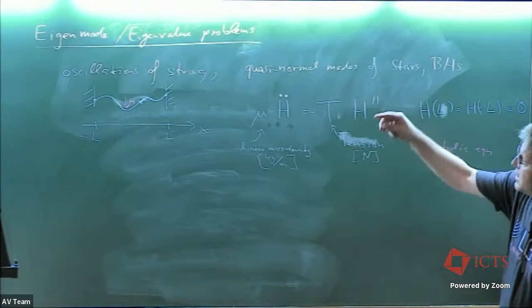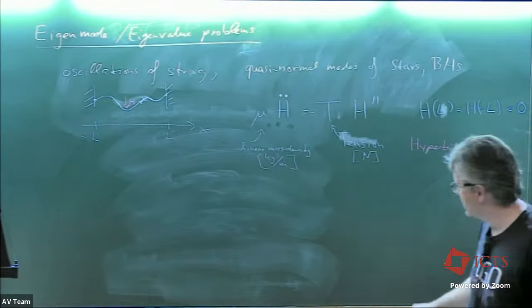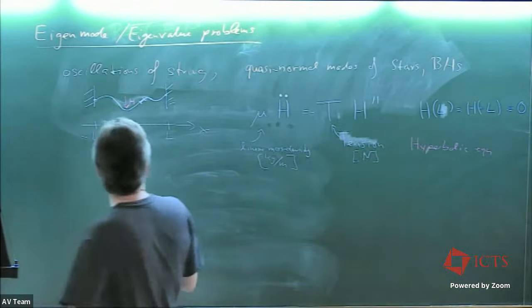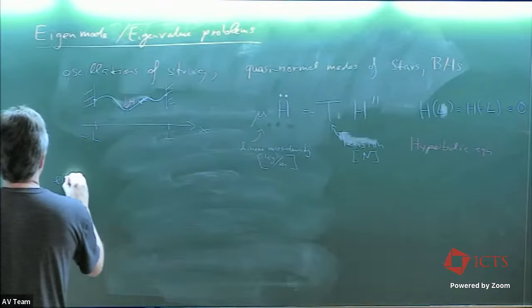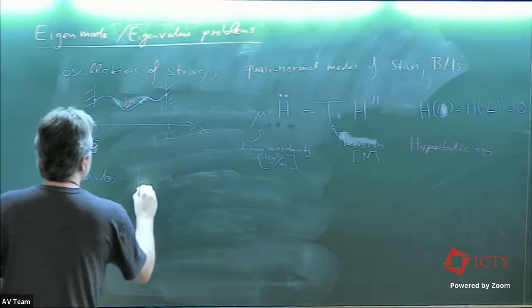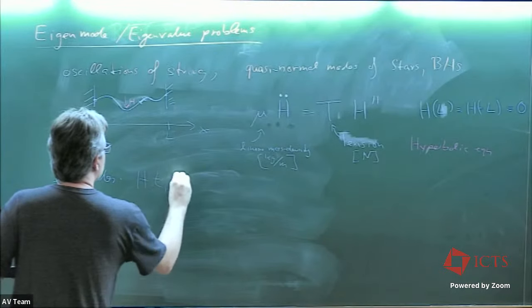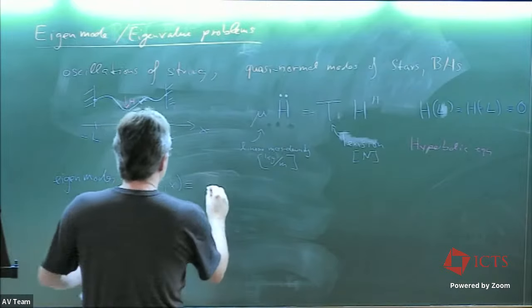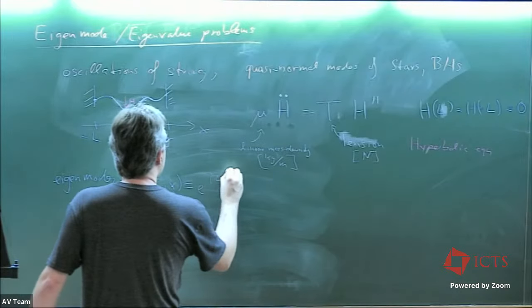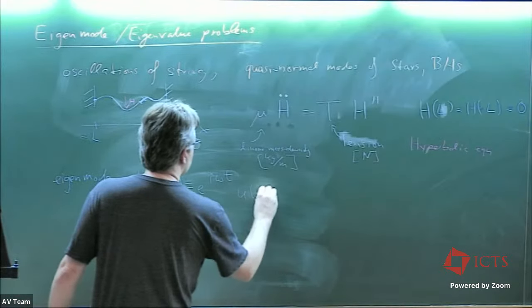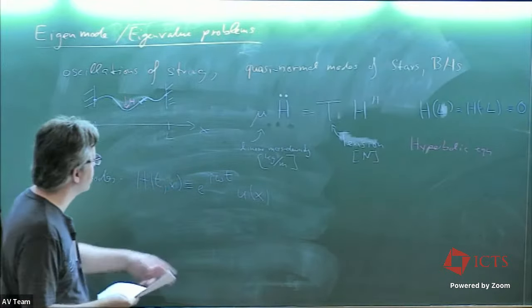In order to get to the eigenmodes, what we are doing is we assume a certain time dependence. We assume that h of t comma x is the same as an exponential e to the i omega t times a function of x only. And we have back our nice little u as always.